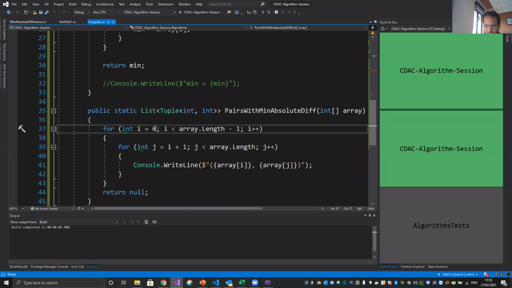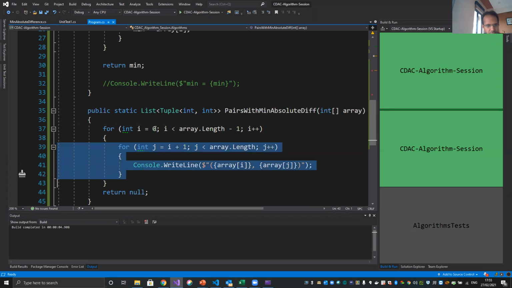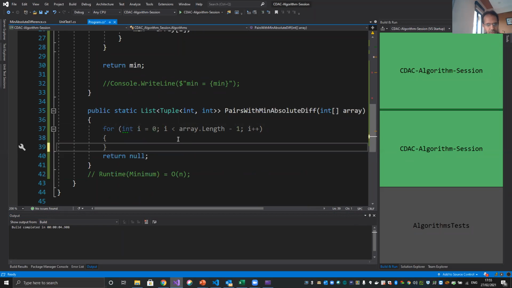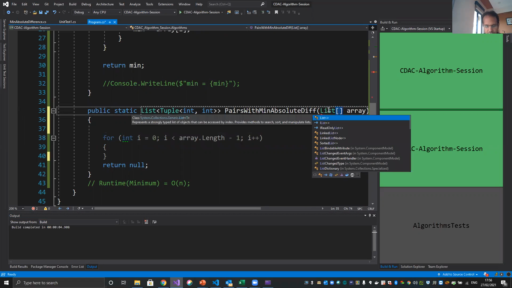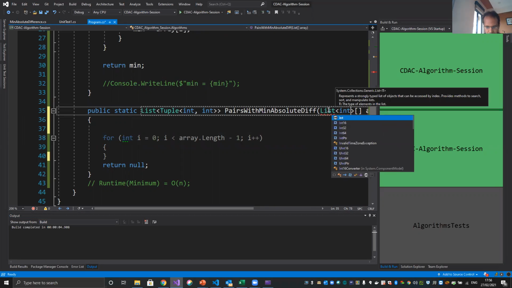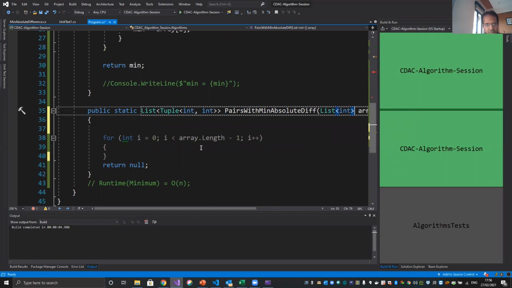So we get rid of this double for loop. Maybe we keep one of the for loops because I have to type that anyway. So this time I want to generate. The first thing I'm going to do, I can take in a list because a list has something called a sort function. You can sort an array also.